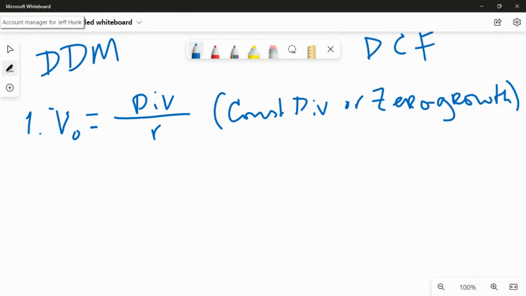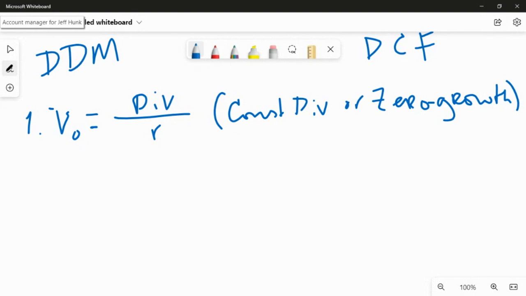An example of that is a perpetuity. Preferred stock is a perpetuity, but common stock can be a perpetuity too, if, as I said before, a mature company is hardly expected to grow, so our dividend will remain constant.